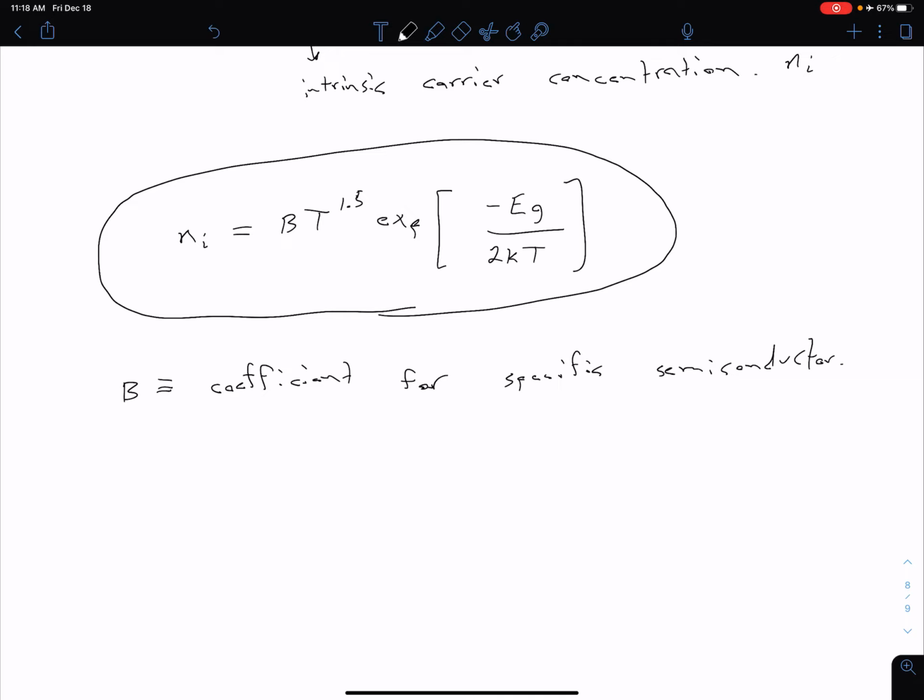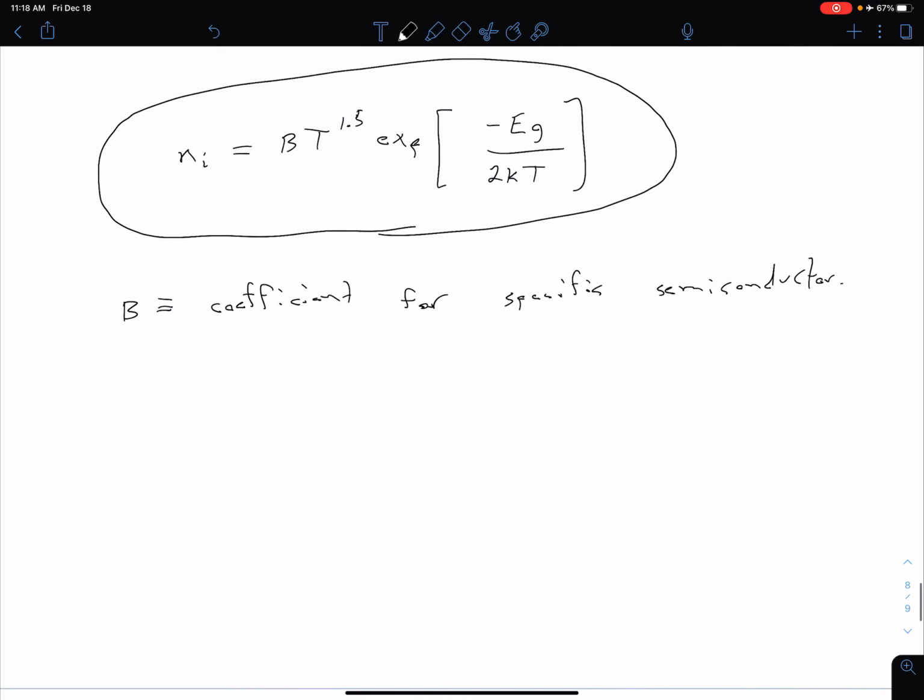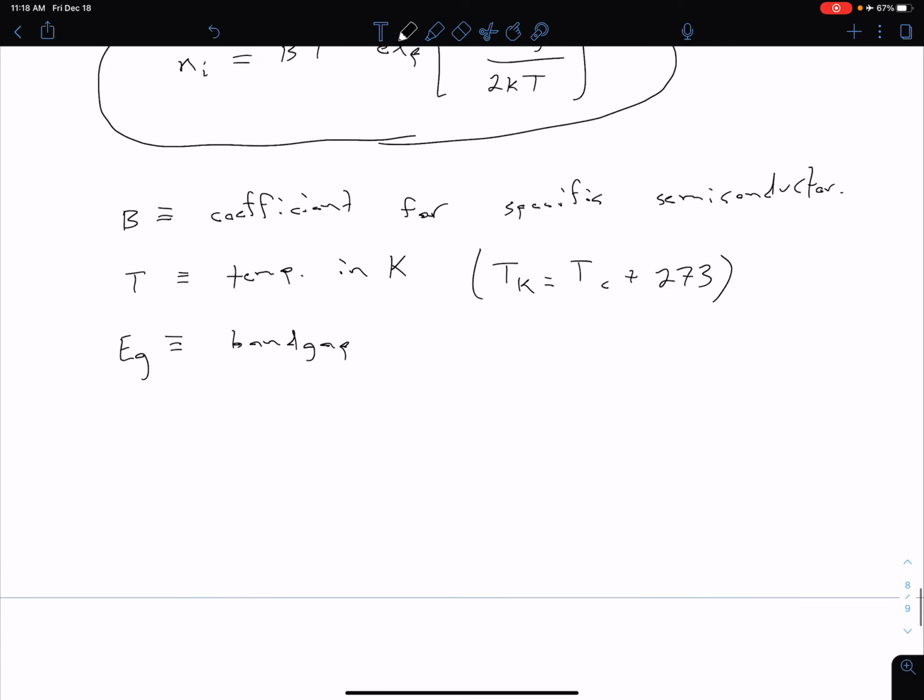So our T is our temperature in Kelvin, and recall that our temperature in Kelvin is just equal to our temperature in Celsius plus 273. Our E_G, as we just talked about, is our band gap, and of course remember that is related to a specific semiconductor, so that's a material property.